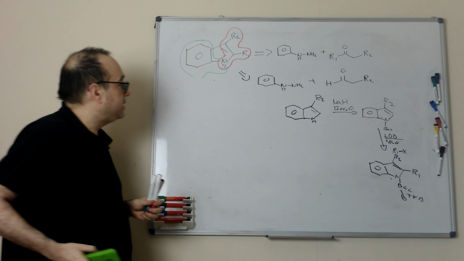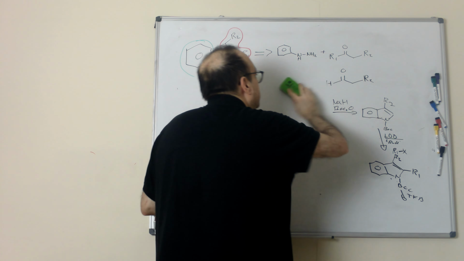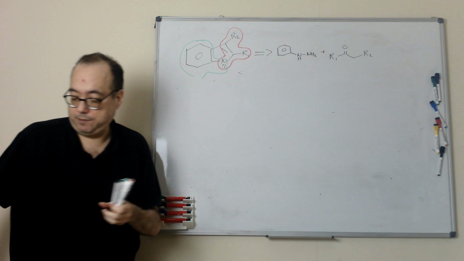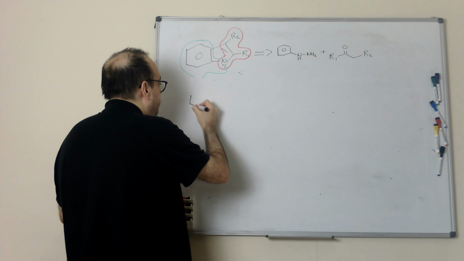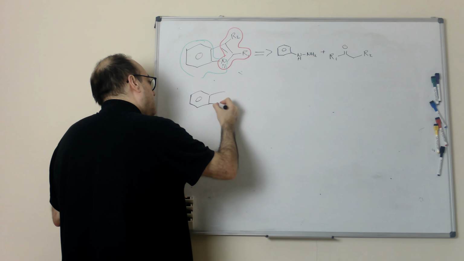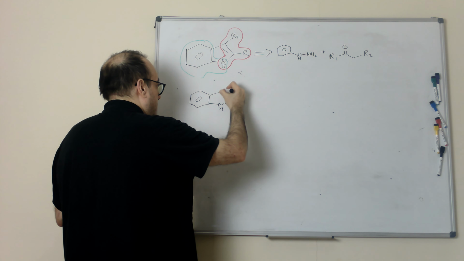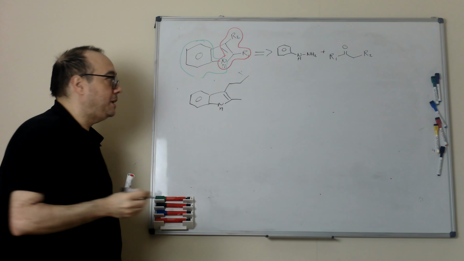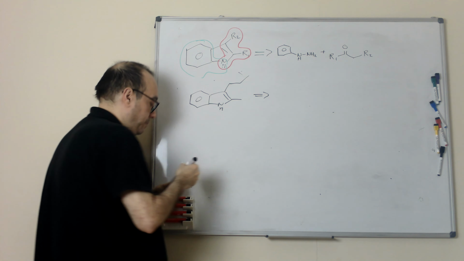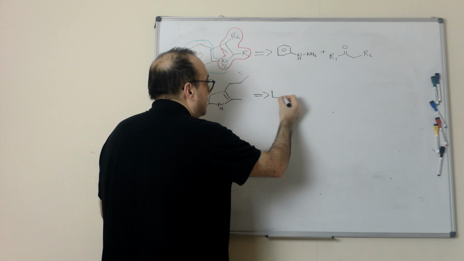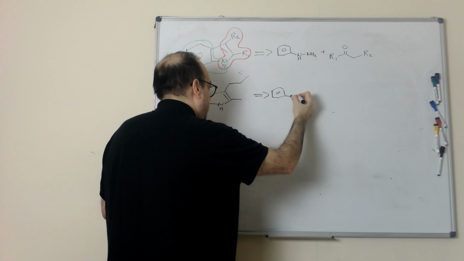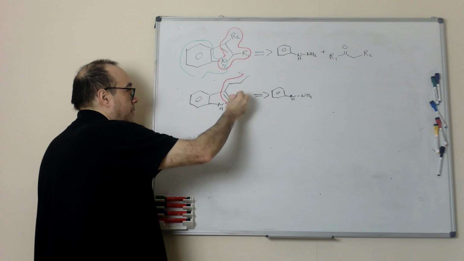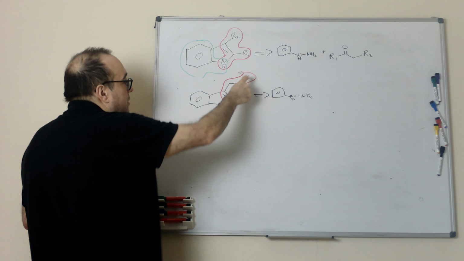I can put an example. For example, we want to make this compound. Okay? I want to make this indole. We do the disconnection that we did before. One is the hydrogen, and then I get this ketone. 1, 2, 3, 4.